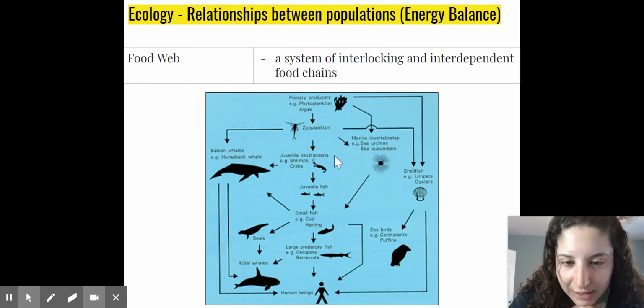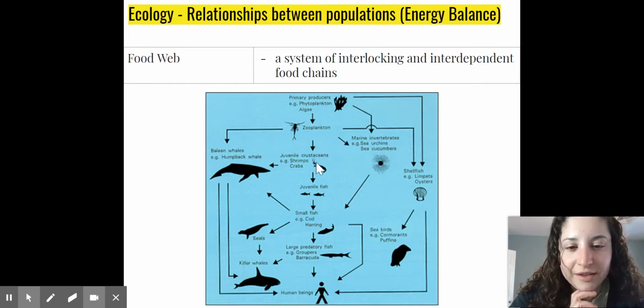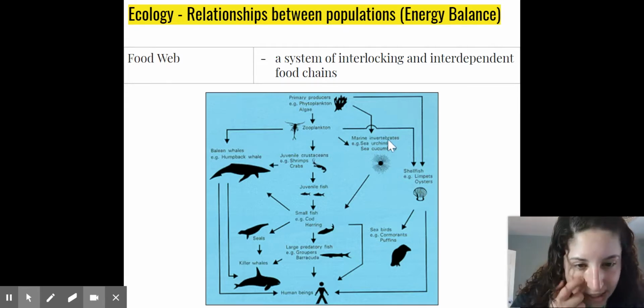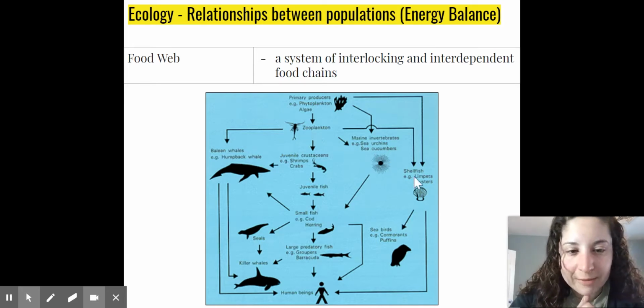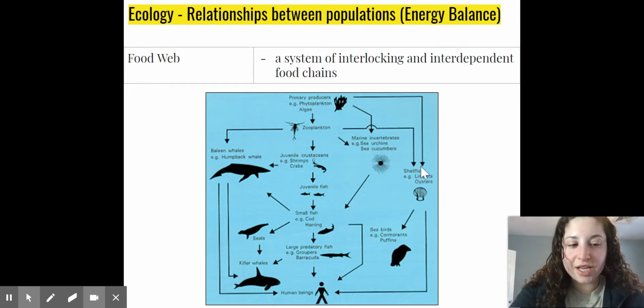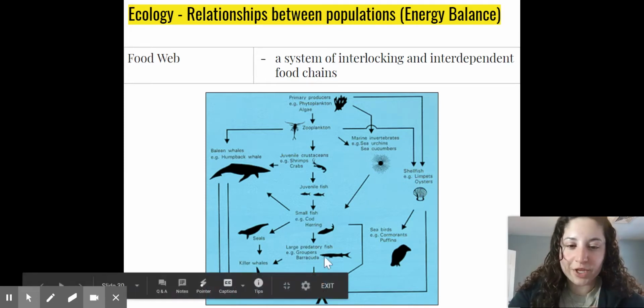Zooplankton can also be eaten by crustaceans, which are shrimp and crabs. Zooplankton can also be eaten by sea urchins and sea cucumbers. Oh, there's four. Or zooplankton can be eaten by shellfish. So this is, again, just acknowledging that there's multiple predators for one organism. And that's what the food web is showing you.